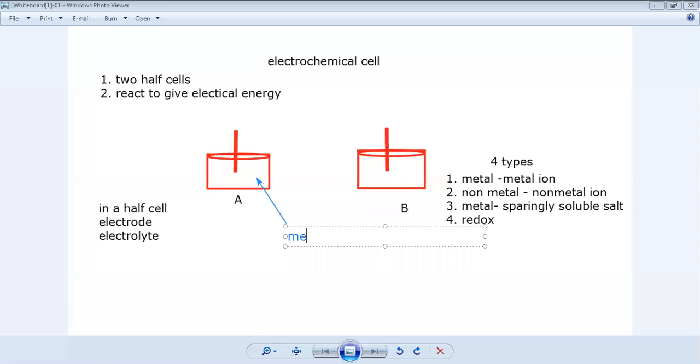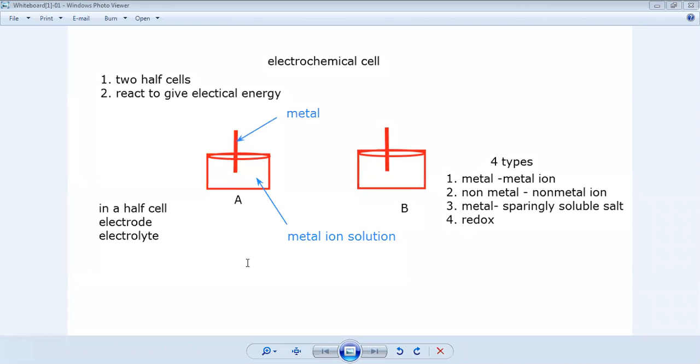So the electrolyte will be a metal ion solution, and the electrode will be a pure metal. So now this is our first type of half cell, or you can say electrode.